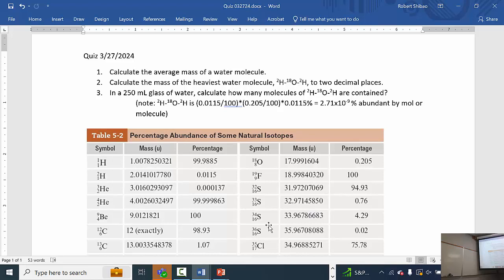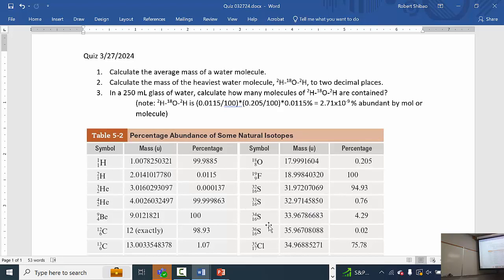The quiz rules are the same. You can work with others, whatever you want. Somebody needs an eraser. All right, let me make this bigger.